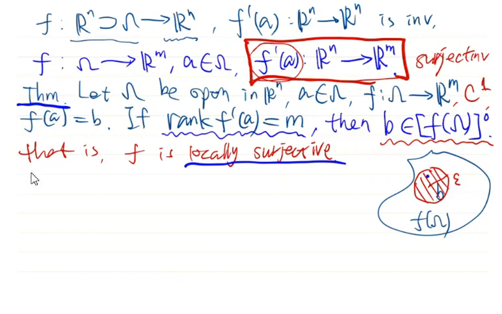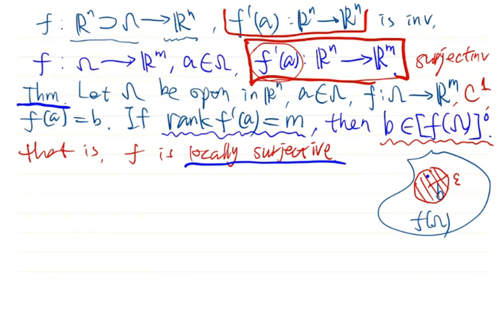Now, how to prove this theorem? We will apply the inverse function theorem to get our result here. But the inverse function theorem concerns maps between Euclidean spaces of the same dimension. For the inverse function theorem, the domain of definition and the target space should have the same dimension.